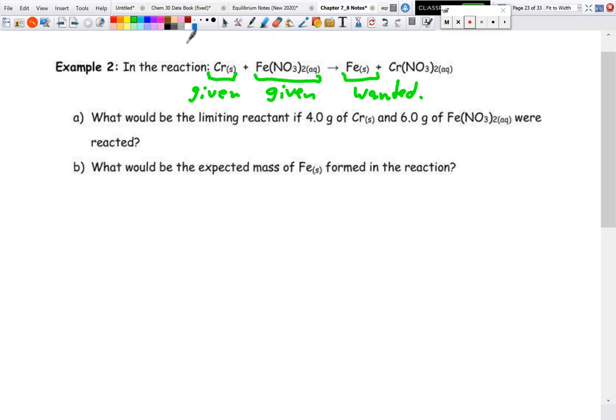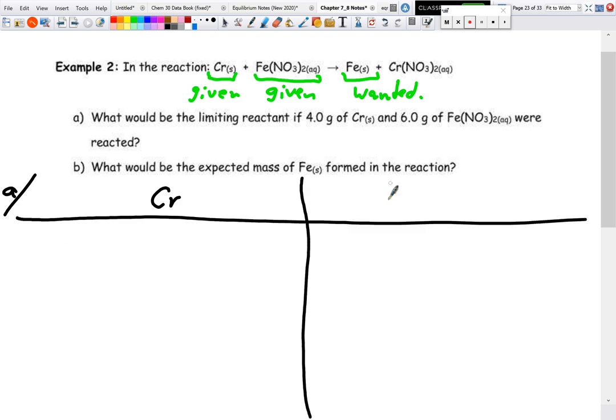We can jump straight into the calculations. So our 2 given substances, we have chromium and we have iron 2 nitrate. Now, we have 4 grams of chromium and 6 grams of iron 2 nitrate.